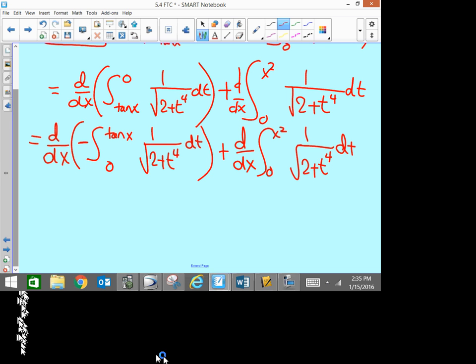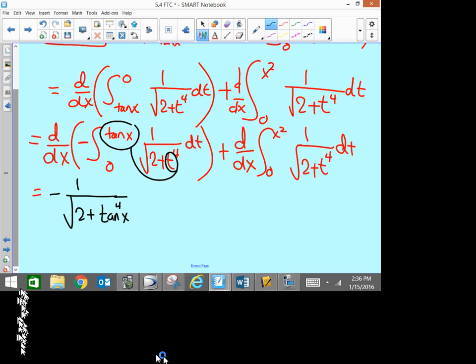So what's the derivative of the first integral? What's going to happen? This is going in here. So what does that give us? Negative 1 over the radical of 2 plus tangent to the 4th x.